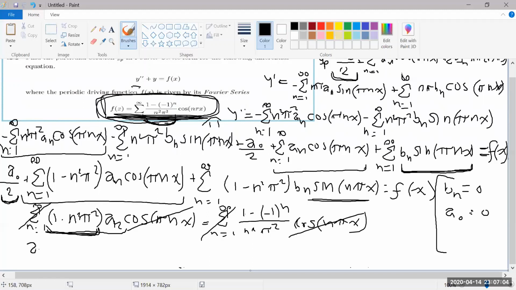So a sub n is equal to what you already had, 1 minus negative 1 to the n, over n squared pi squared, and then the whole thing divided by 1 minus n squared pi squared. Those are actually all your coefficients.